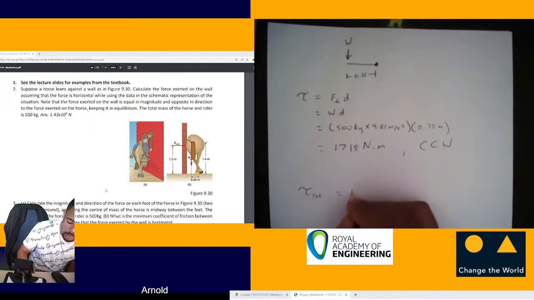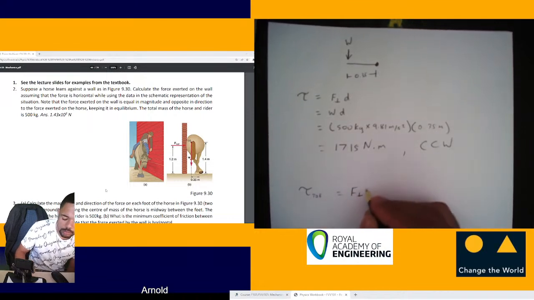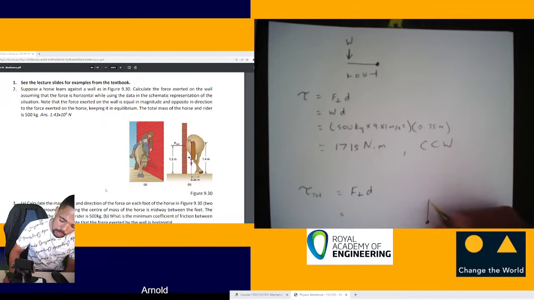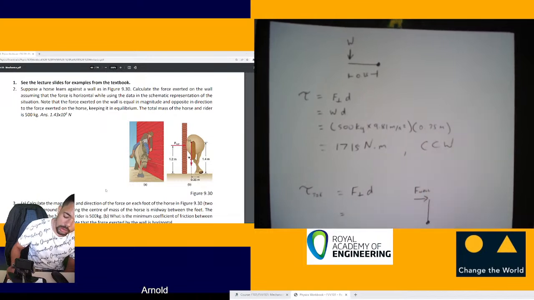It's going to be force perpendicular multiplied by the distance. So still, in this case, the toe is going to be the pivot, and then the force of the wall, F wall, is going to act like this. It's going to cause a clockwise torque.